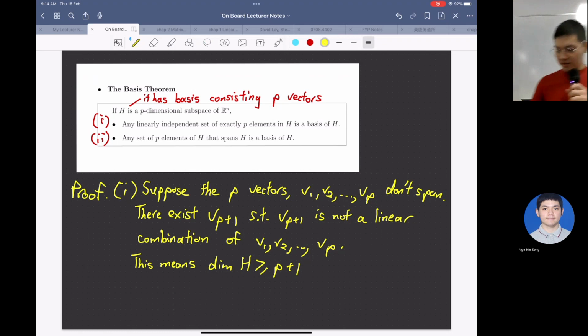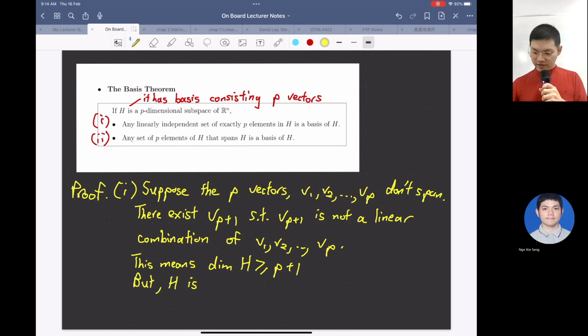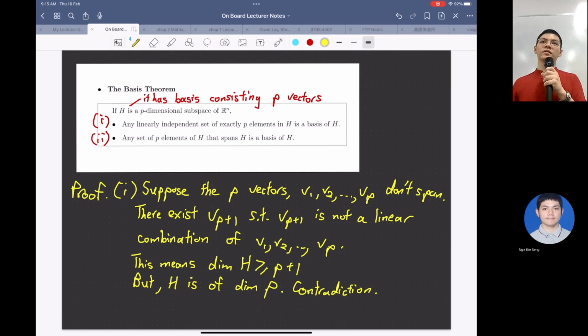But H is of dimension p. So there's a contradiction here, so we are done.